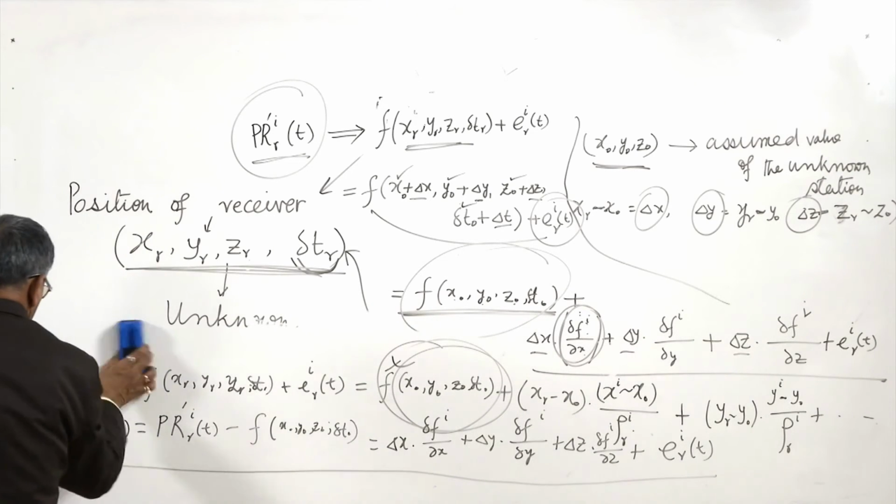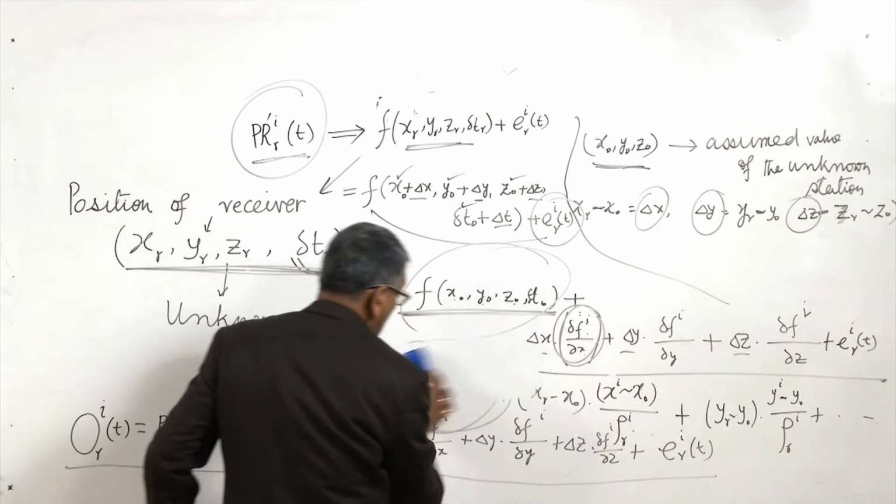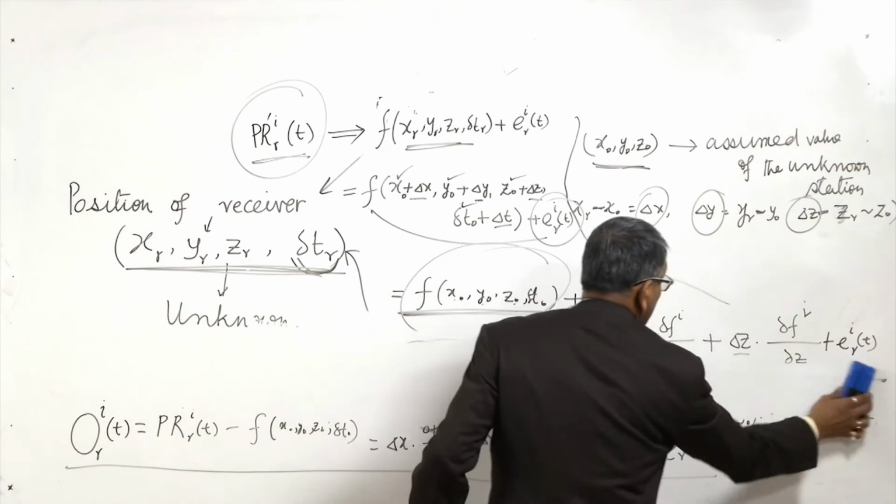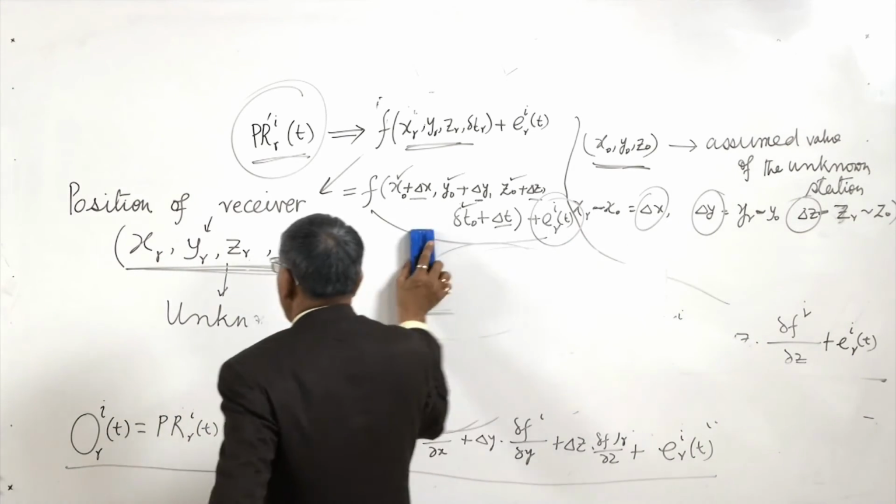If we get observations from n satellites, we will get this type of linear relation from n satellites.